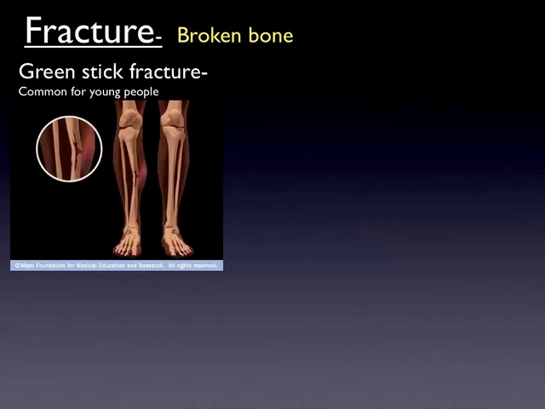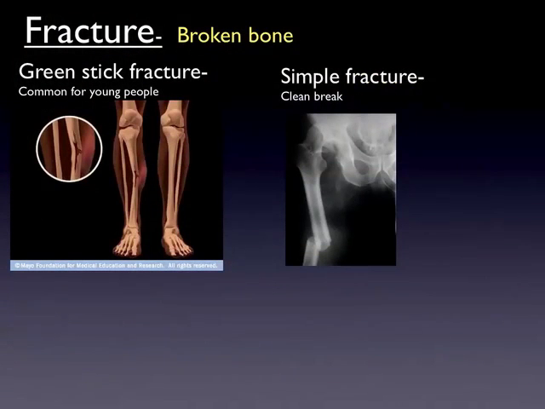It sort of breaks, but there are still fibers holding it together. That's true of younger, more flexible bones that haven't fully calcified yet. They may break partially, but still remain connected by some bone tissue. That's what's called a greenstick fracture. It's still fractured, there's still damage, but it's not completely separated.